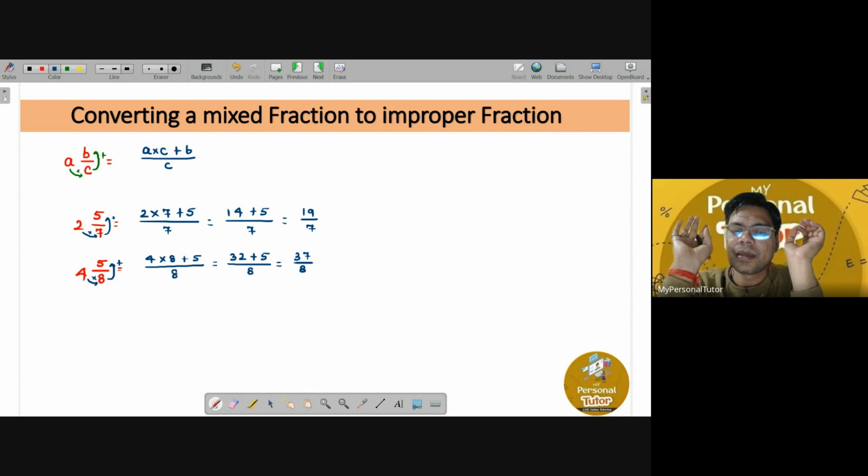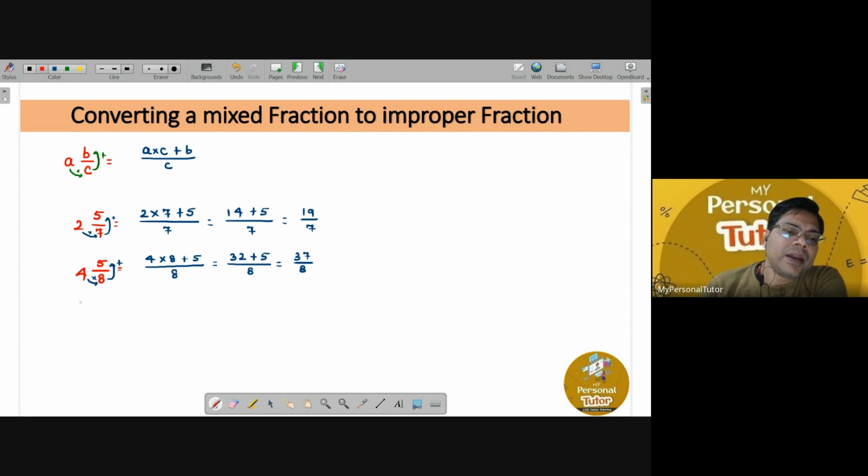All right, let's take another example. Here I have taken a positive integer. Even if it is negative, let's say minus 7, 8 over 11. Always remember, even if a negative integer is there, you put the negative as it is, without any thinking. If it is negative, put negative.